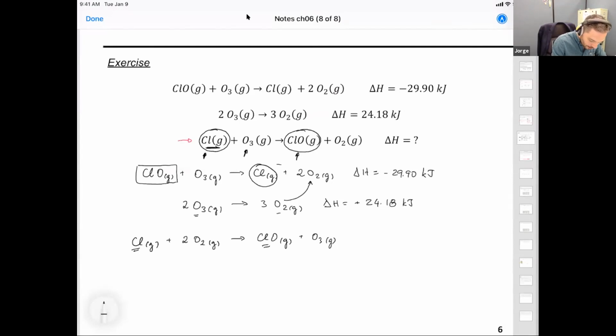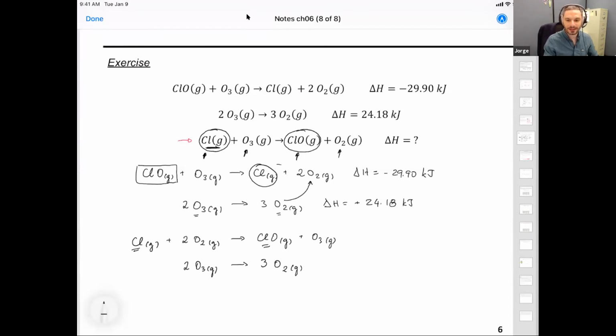In addition to that, we have oxygen as a product, matching what we are looking for. So therefore, the second step doesn't need to be changed because it's already reflecting the problem here. So let's repeat the second reaction. 2 ozone molecules producing 3 oxygen molecules.